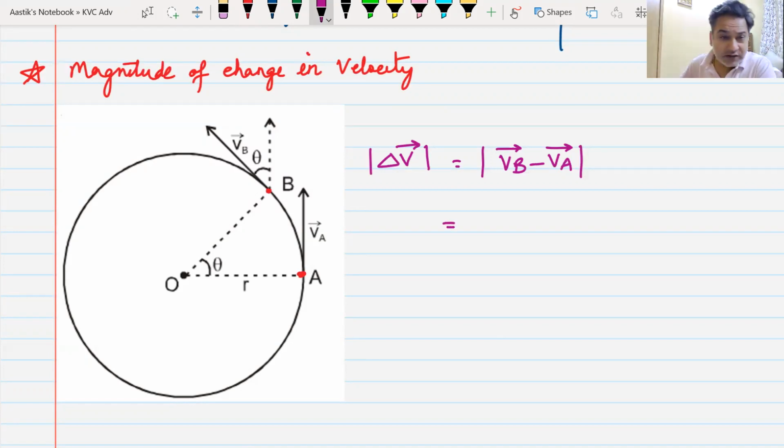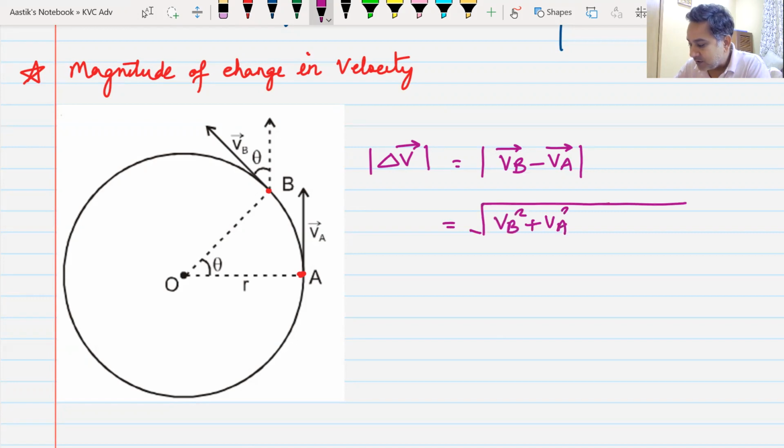You can straight away use the formula of addition or subtraction of two vectors and you can get your answer like this. It will be magnitude of VB square plus magnitude of VA square plus 2 times VA VB into cos of 180 minus theta, because the angle will become 180 minus theta.